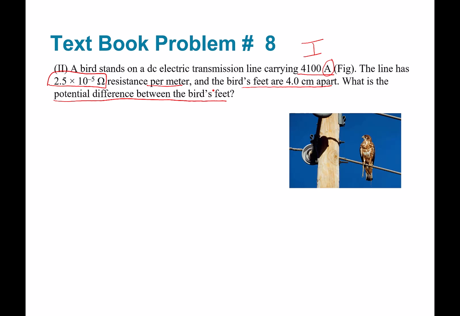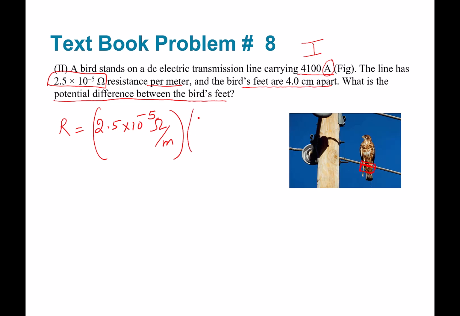So first of all, the resistance R is 2.5 × 10^-5 ohms per meter. And the feet are 4 centimeters apart, so you are trying to find the resistance across this width where the bird is standing.